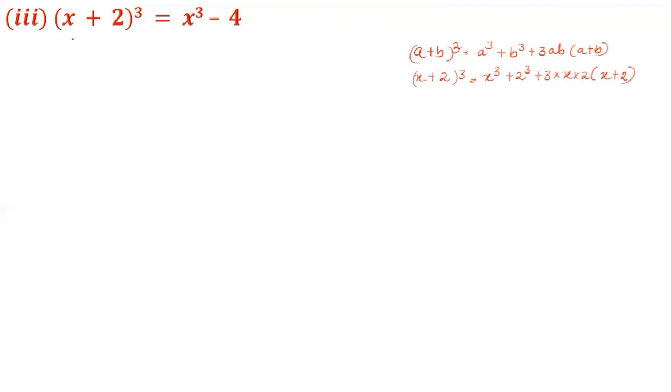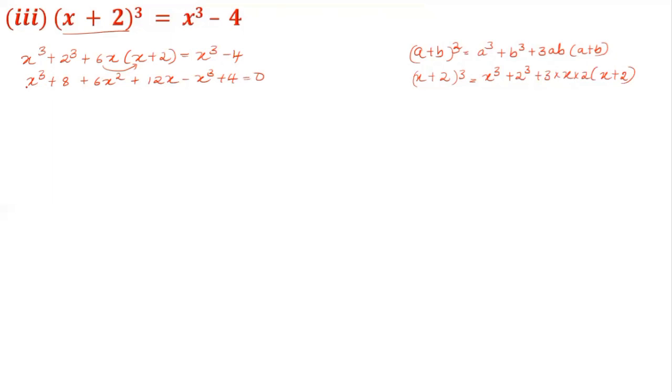So, x plus 2 whole cube, we can expand it like x cube plus 2 cube plus 3 into x into 2, that is 6x into x plus 2 is equal to x cube minus 4. So, x cube plus 8 plus 6x square plus 12x is equal to x cube minus 4.